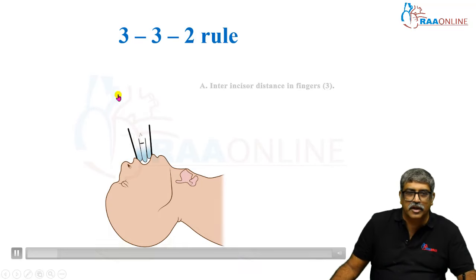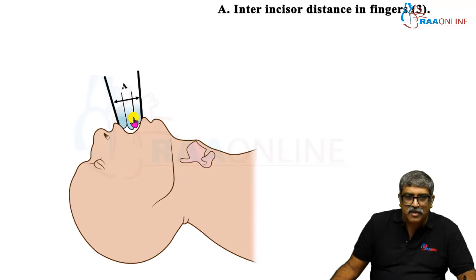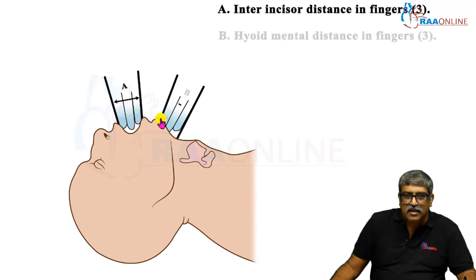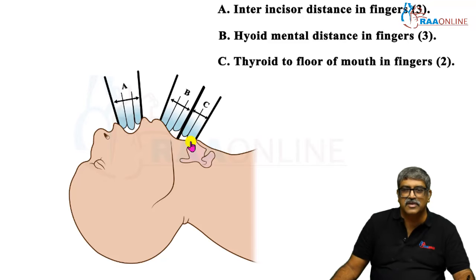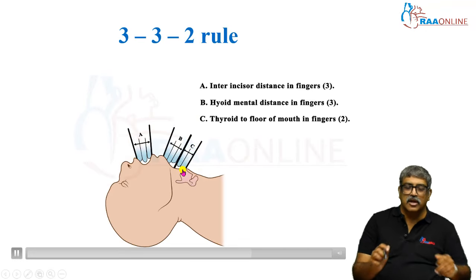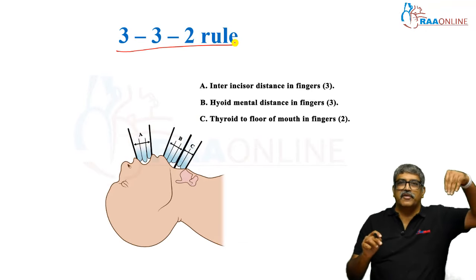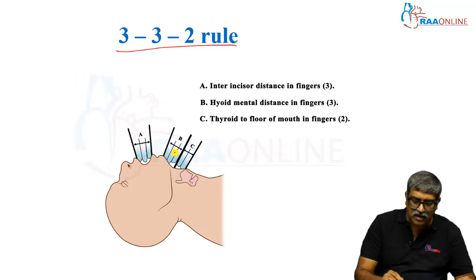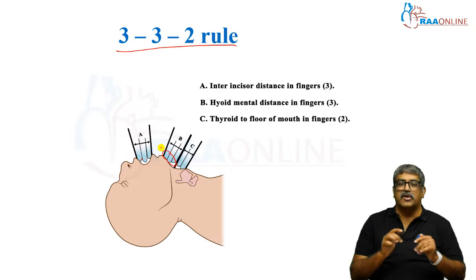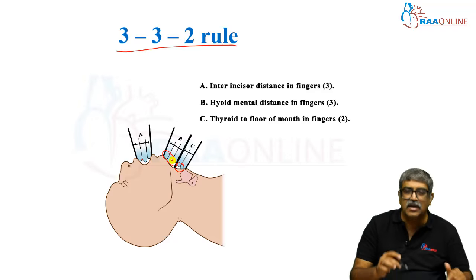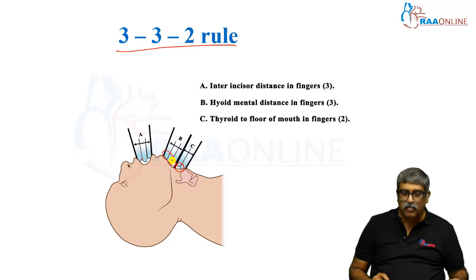Now coming to the 3-3-2 rule: interincisor gap 3 fingers, the mentohyoid again 3 fingers, and the thyrohyoid distance, which is 2 fingers. This is called the 3-3-2 rule. 3 fingers in the interincisor, 3 fingers in the mentohyoid and 2 fingers between the thyroid and the hyoid bone.